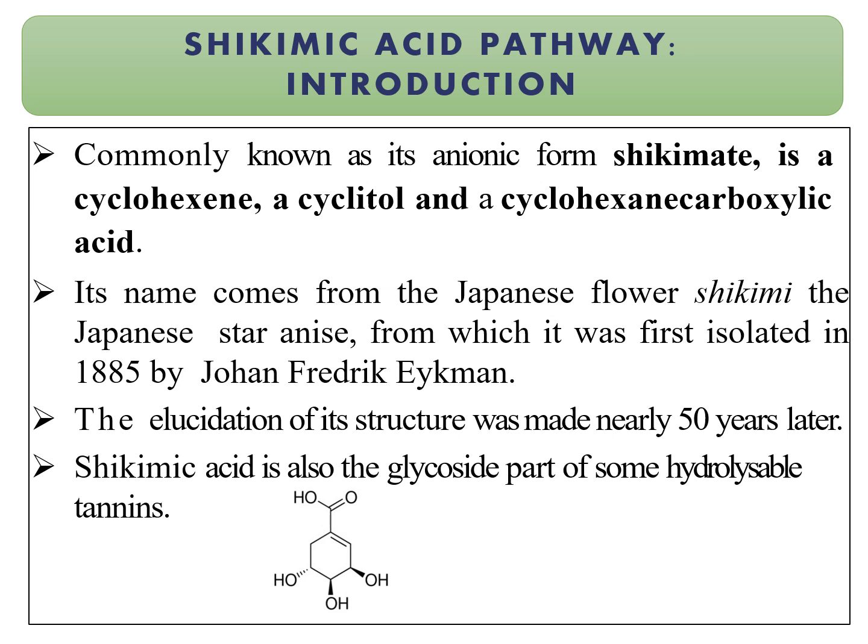This is the flower from which the scientist isolated the chemical structure known as shikimic acid. After this isolation, 50 years later the shikimic acid structure was elucidated, and the name shikimic acid was given, and that is why it is called the Shikimic acid pathway.